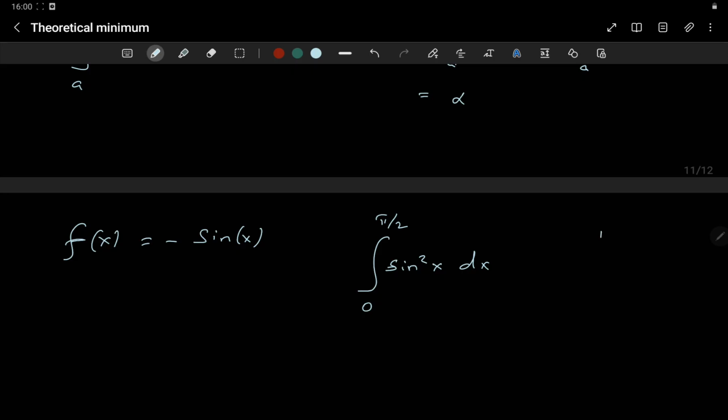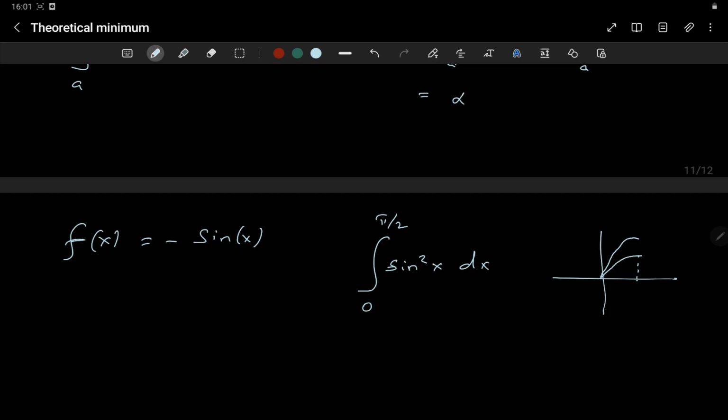If you plot sine square x, what you will get between 0 to pi by 2? The sine x is like this up to here, so this entire thing is positive. Sine square x is also positive, maybe something like this.